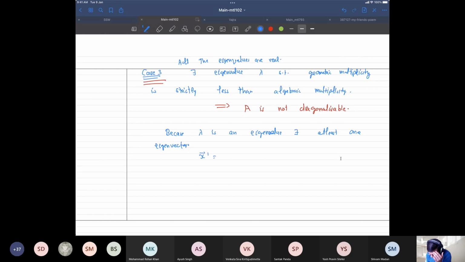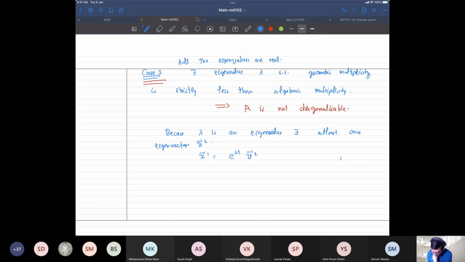Let's call it x1. This will be e^{lambda t} v1, with v1 one eigenvector. So one solution was more or less given to you.